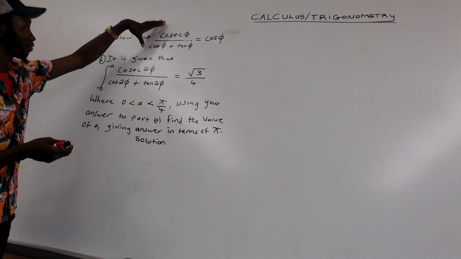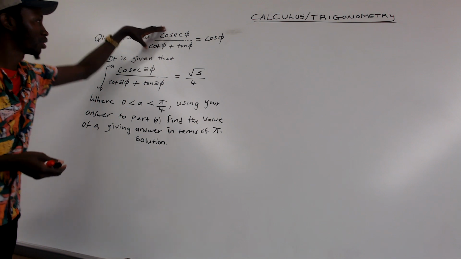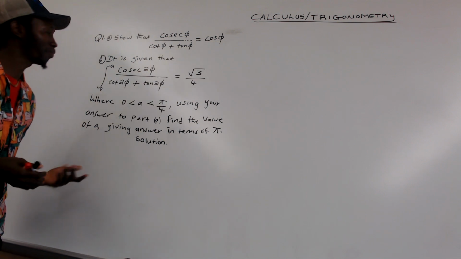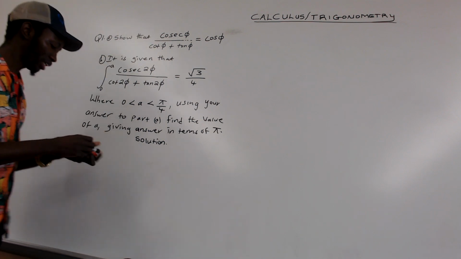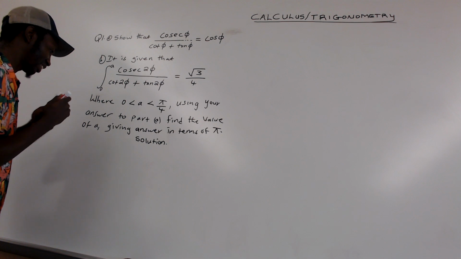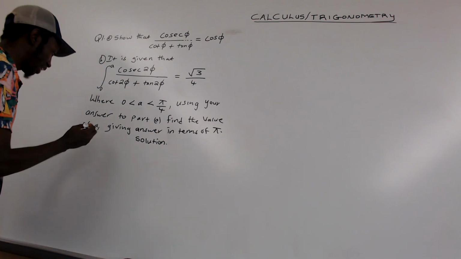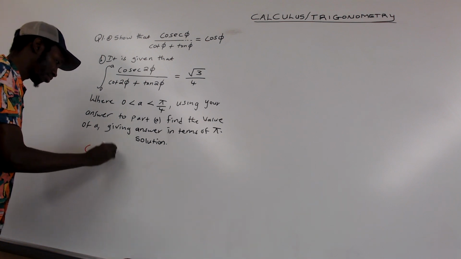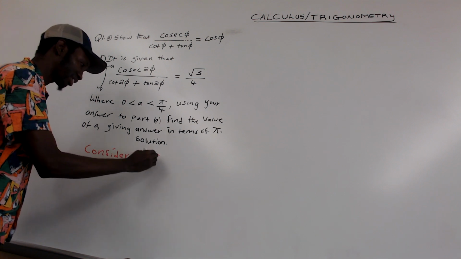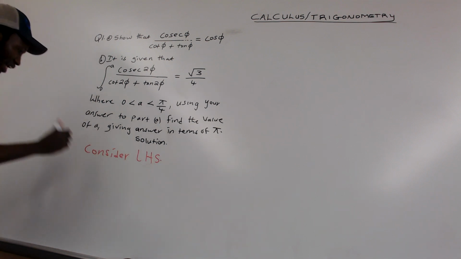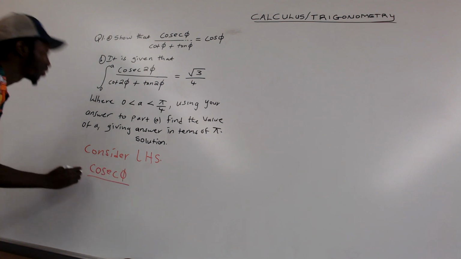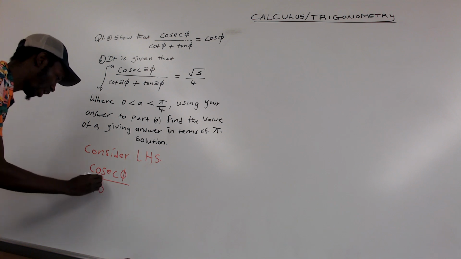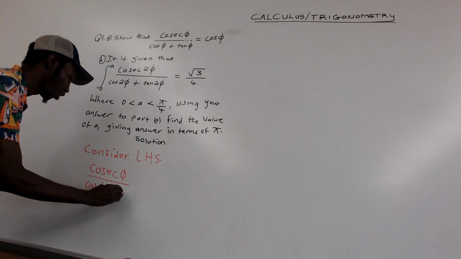We are required to show that this value, the left-hand side, must give us the right-hand side. It depends which term you want to choose. Let's say we choose the left-hand side, so we consider the left-hand side, which is given as cosec phi divided by cot phi plus tan phi.